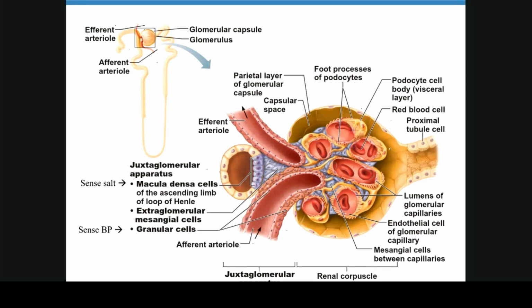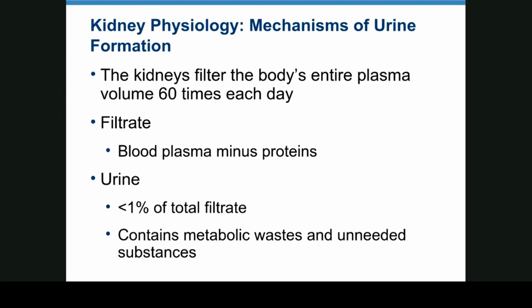Afferent arteriole, efferent arteriole. I need to change colors again. There. And the macula densa cells right here measure the amount of salt, sodium chloride. And then you have granular cells right here that sense blood pressure. And so they regulate the rate of filtration depending on the pressure and the sodium concentration.